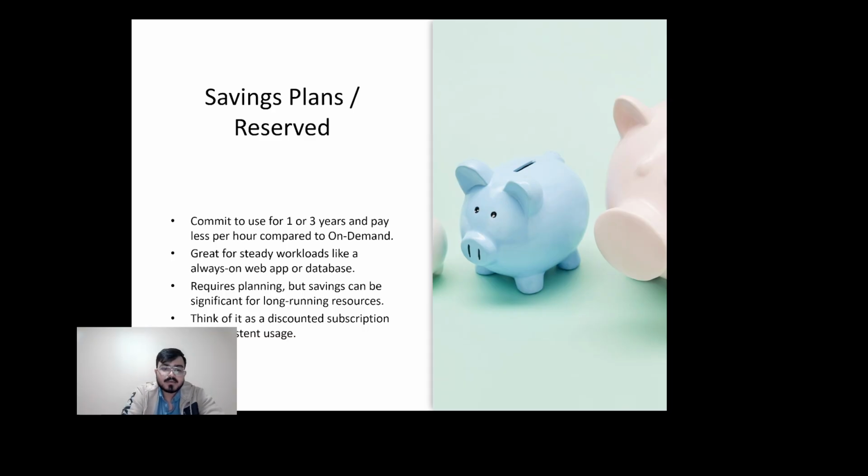It's like buying a yearly bus pass instead of paying for tickets every day. You save money by committing for a longer time. This is perfect for companies or students running long-term projects such as a website that needs to stay online every day. You pay less per hour, but you agree to keep using the service for a fixed time.